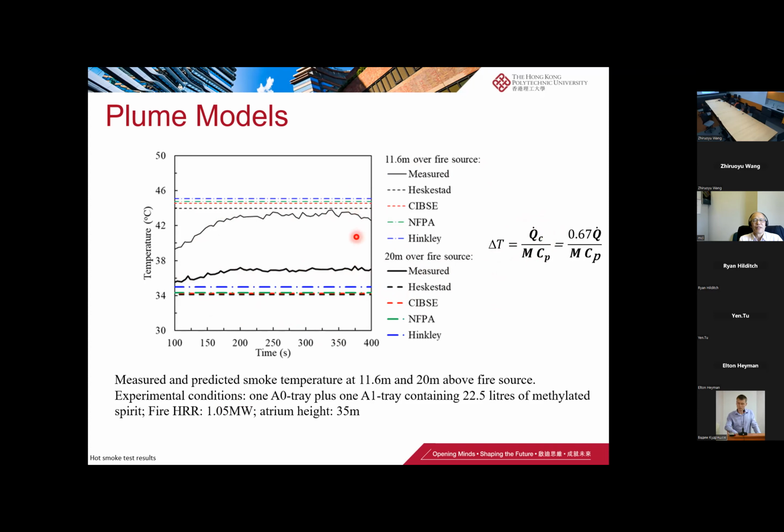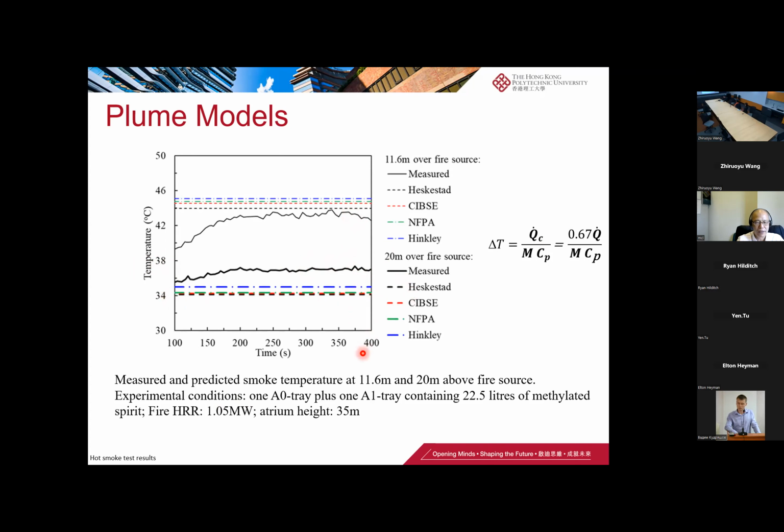We can see the predictions are reasonably close to the measurement. You can possibly see the difference is quite big, but if you have a look at the real temperature, this is 34 degrees, this is 38. Actually, the difference is less than 5 degrees.